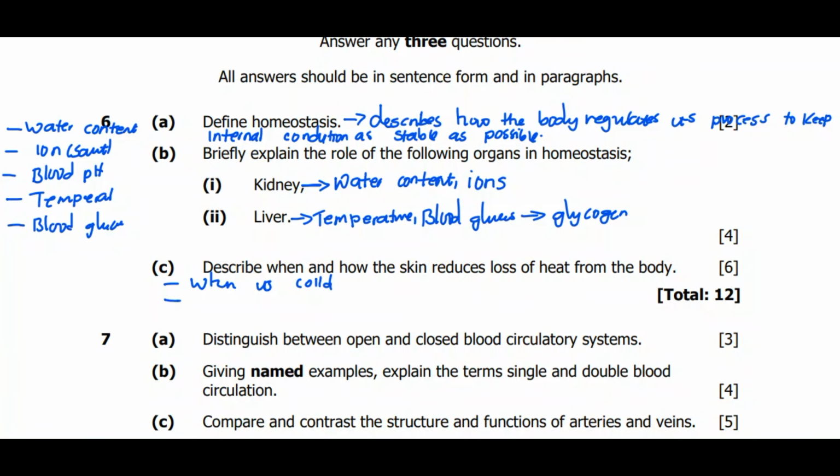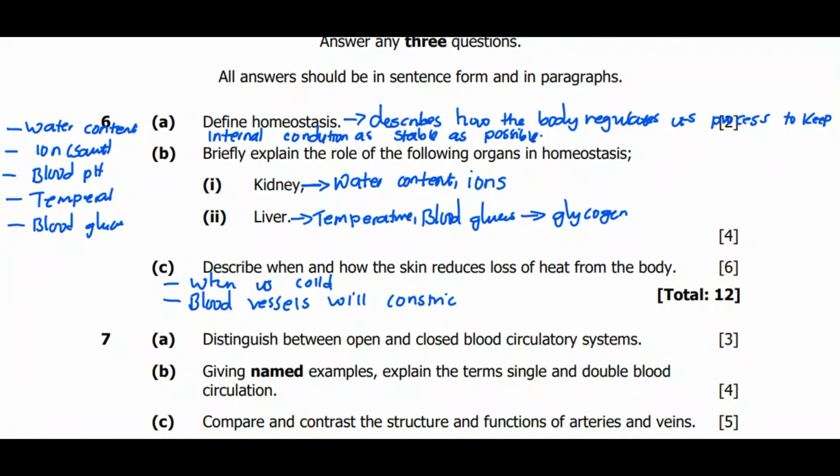Whenever the temperature of the surrounding is low, the body has to make some changes that will make sure that there is a reduction in loss of heat. So when it's cold, the blood vessels will constrict.